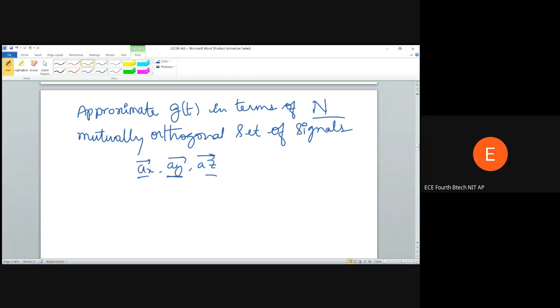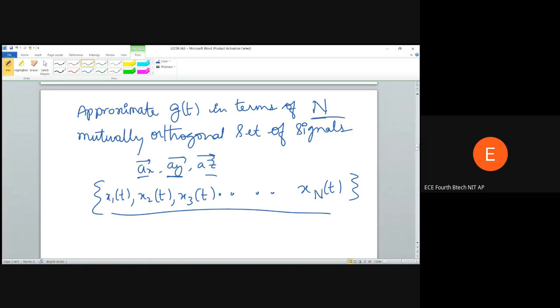So let me assume the set is x1 of t, x2 of t, x3 of t, and so on up to xn of t. Mutually orthogonal signal means you choose any one of the signals from this set.